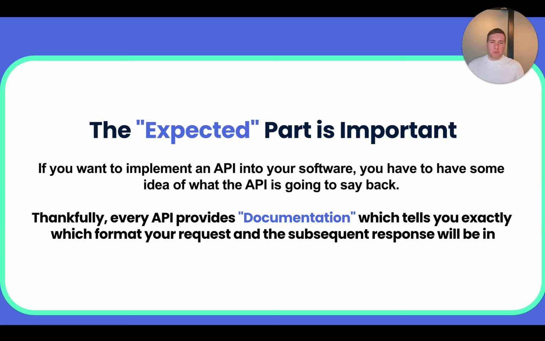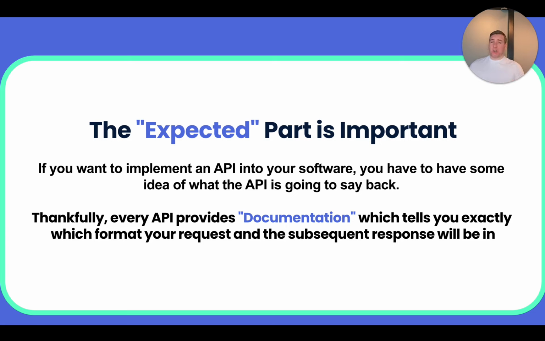That's pretty important to know, because that then dictates how you're going to build your app. Based on what information you get back from an API, you have to then decide, what am I going to show the user? What actions will the user be able to take with that information? So on and so forth.